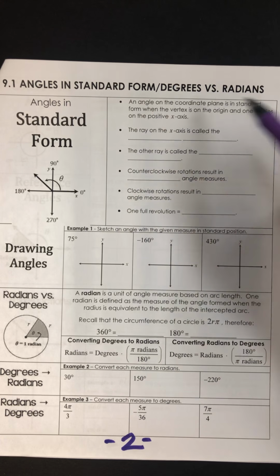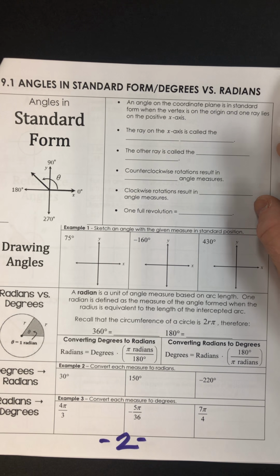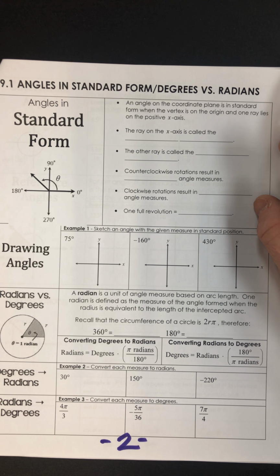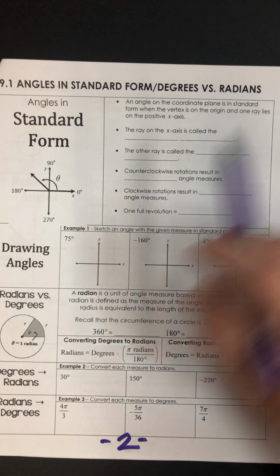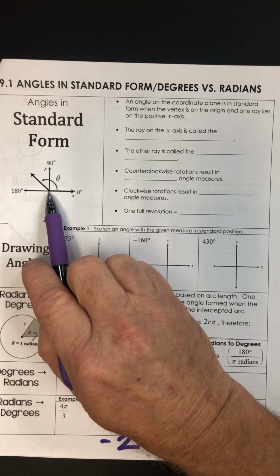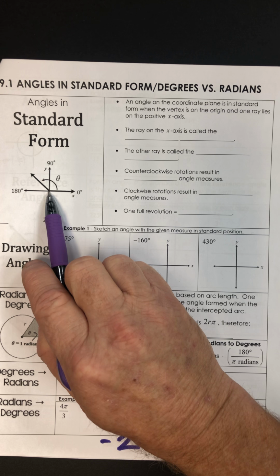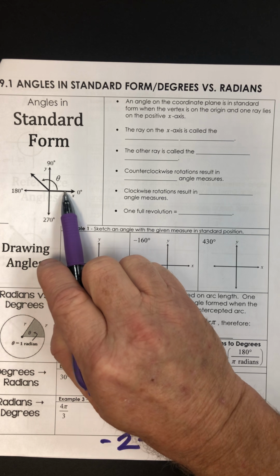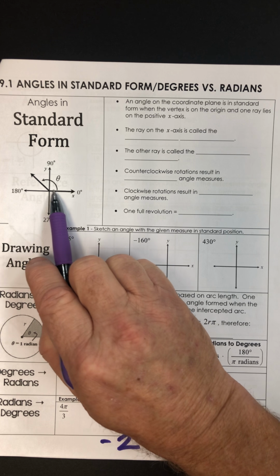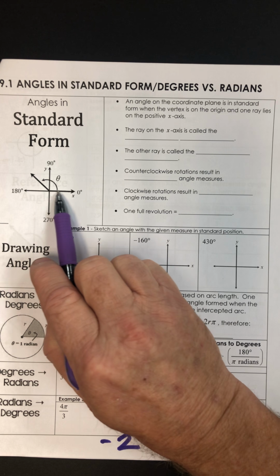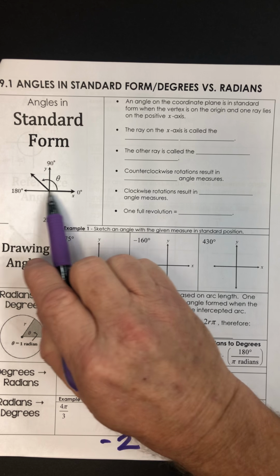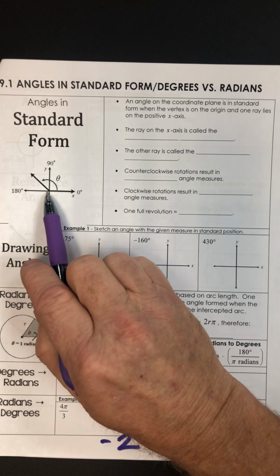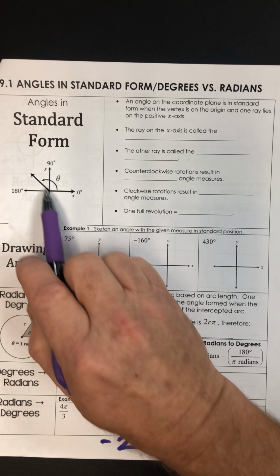So first bullet here, it says an angle on the coordinate plane is in standard form when the vertex is on the origin, and one ray lies on the positive x-axis. So this is the coordinate plane. You've got the x-axis and then some other angle ending somewhere.